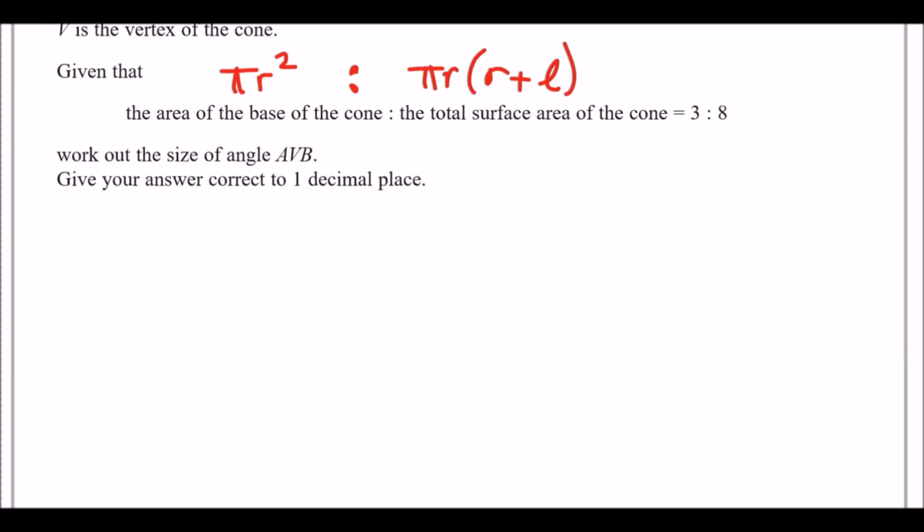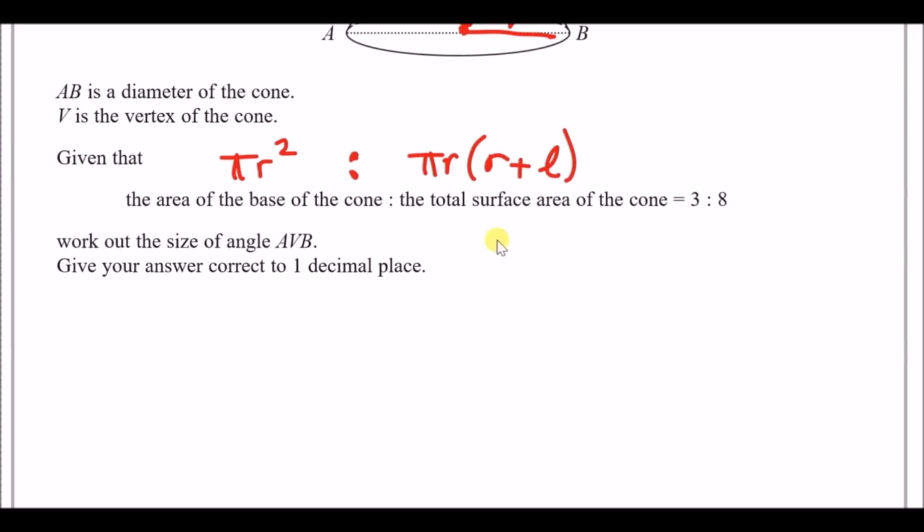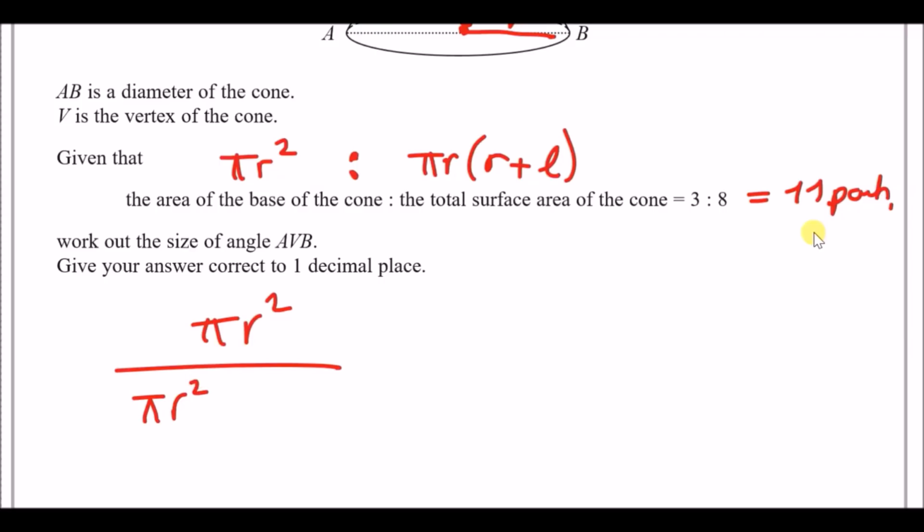A good thing about ratio is that you can treat the parts as total bits. So altogether there's going to be 11 parts, and we know that 3 out of 11 parts is represented by pi r squared over all of these combined. So it'll be pi r squared over pi r squared plus pi r l. In other words, this over everything is going to equal 3 out of 11.